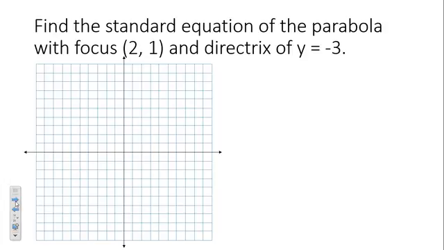Here comes another one. Now we want the standard form of an equation of a parabola with a focus of (2, 1) and a directrix of y equals negative 3.